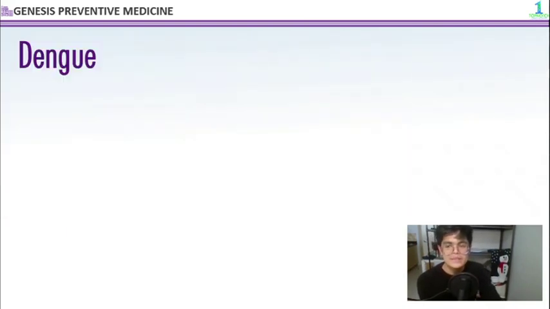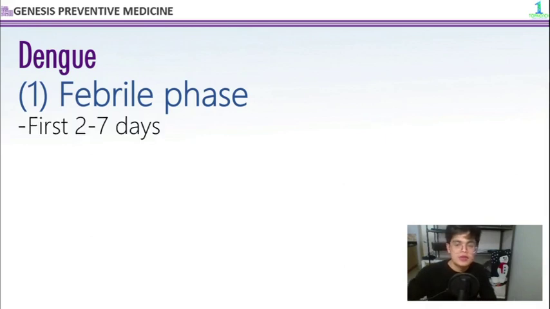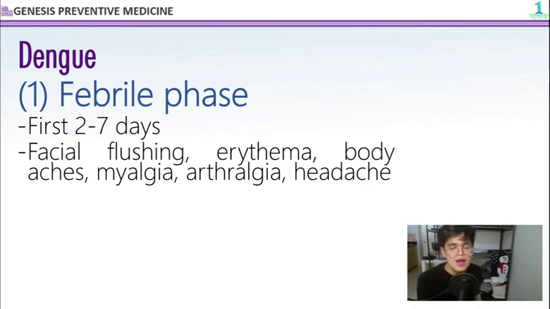Okay. So, dengue phases. We have the first phase, the clinical phases of dengue. Febrile phase occurs in the first 2 to 7 days, manifested with facial flushing, erythema, body aches, myalgia, arthralgia, and headache.